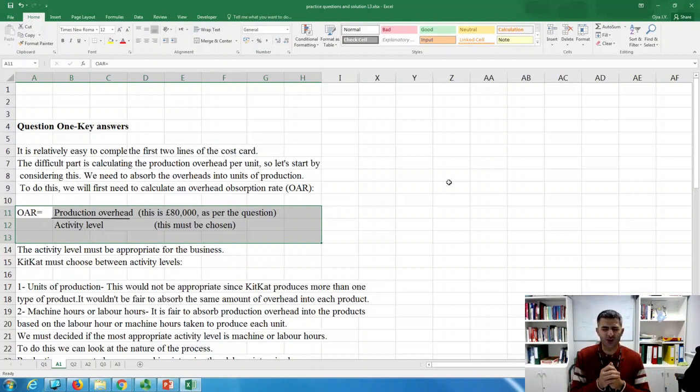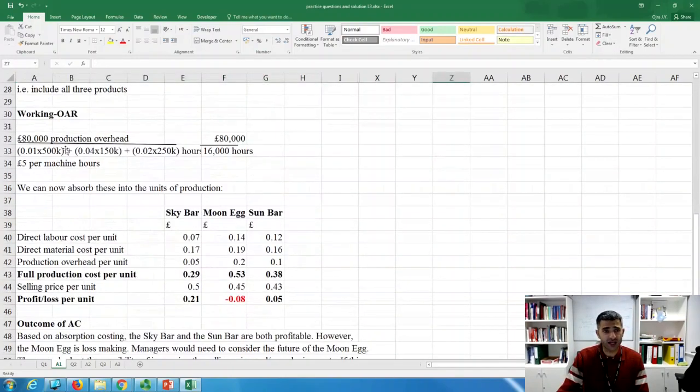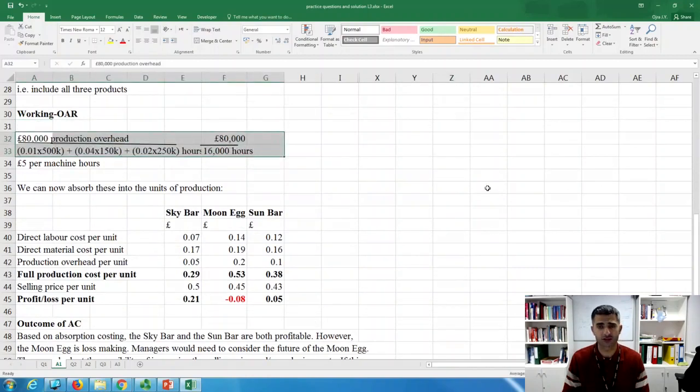Usually the question will tell you if you are using machine hours or labor hours to absorb. In this case, you'll see the £80,000, which is the production overhead, divided by number of machine hours. So how can you get the number of machine hours? It's very simple. Go back to the question.